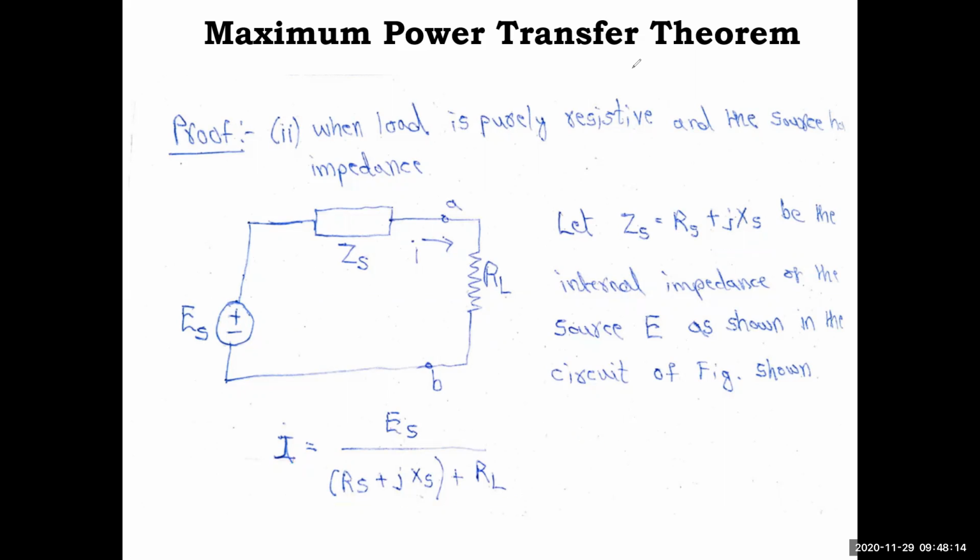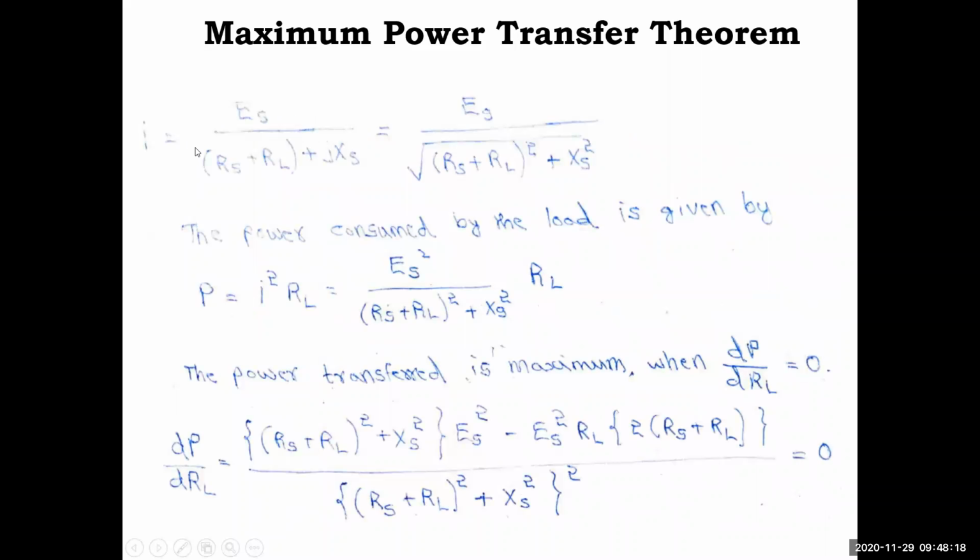So next part is writing the power equation, but we will simplify this before that. We have the complex term here, ES by RS plus RL, so the real part we have grouped and the imaginary part separated. Now we'll take the magnitude of this. What is magnitude?